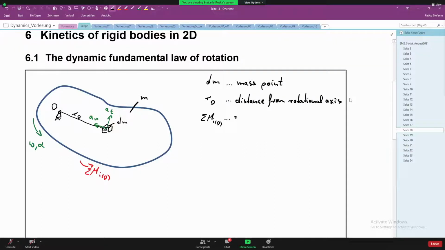So this is the resulting moment of all acting forces and moments. Of course, in general, there could be more loads with respect to the rotational axis.